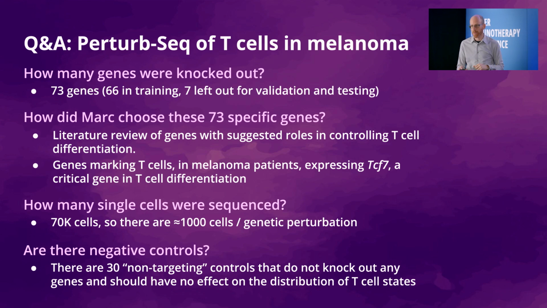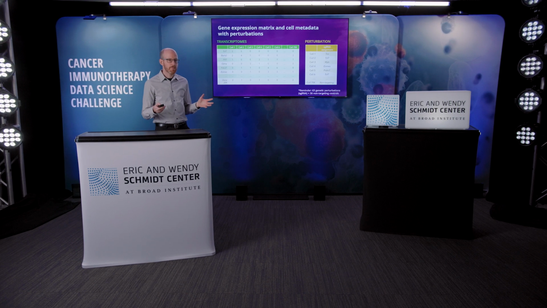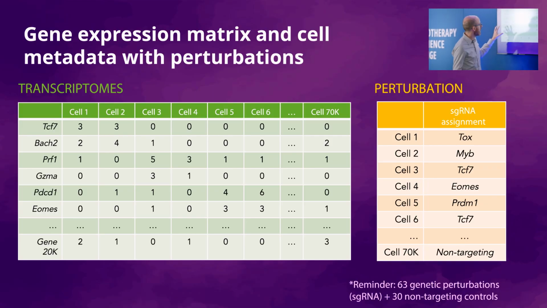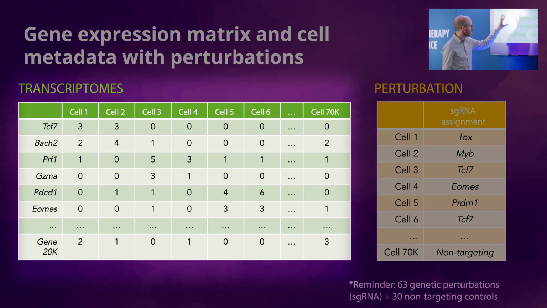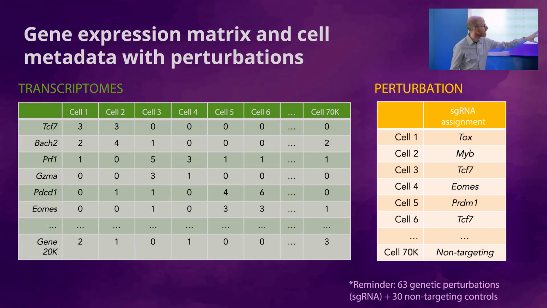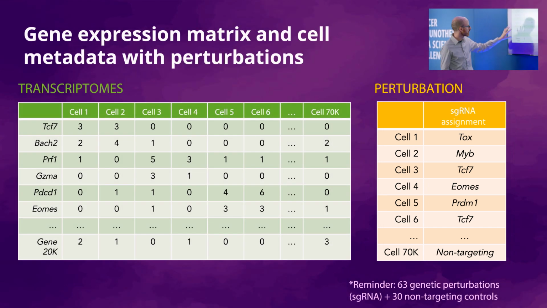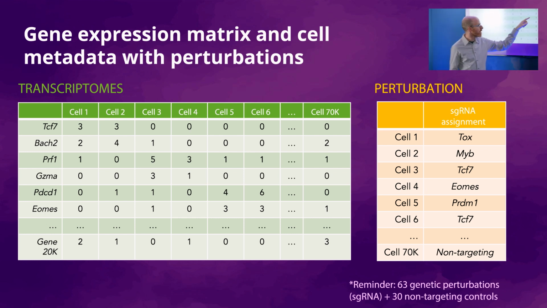So the data that comes out of the Perturb-seq experiment consists of two pieces. The first is the gene expression matrix, and the second is this assignment of the perturbations that each cell received. So remember, the gene expression matrix will tell us the expression level of every single gene in every single cell. Now, this perturbation table tells us what genetic perturbation a cell received.